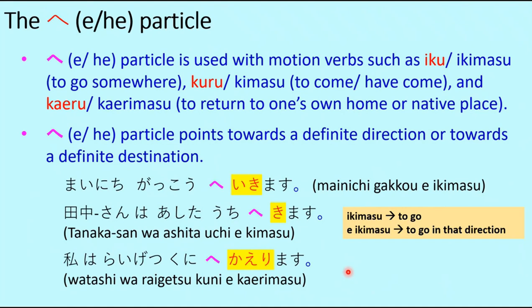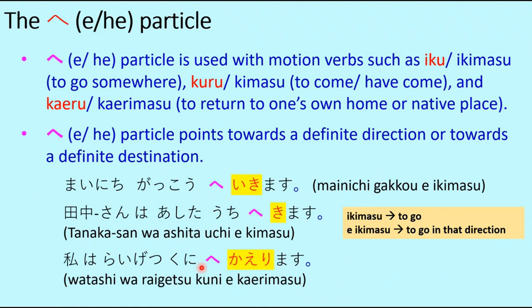Then in that case, modorimasu will be the verb. So ikimasu, kimasu, kaerimasu, and modorimasu. These are the four motion verbs which are used, and with all of these, we use the e particle to indicate the direction to which or from which the person is coming or going.